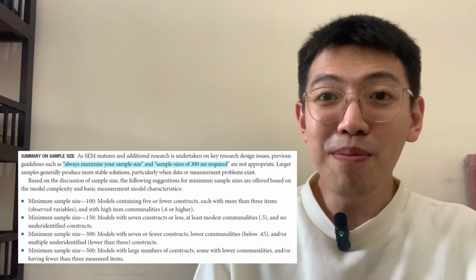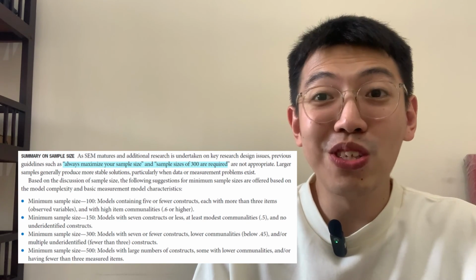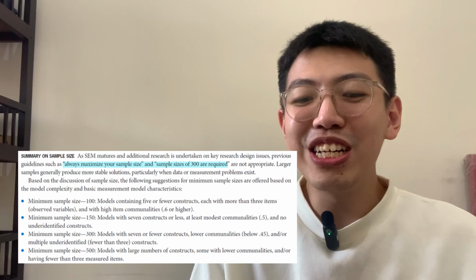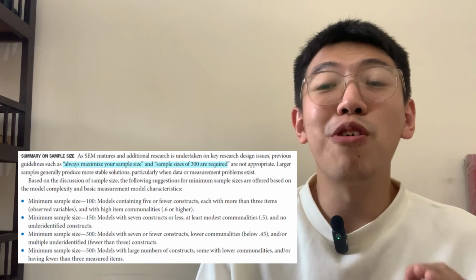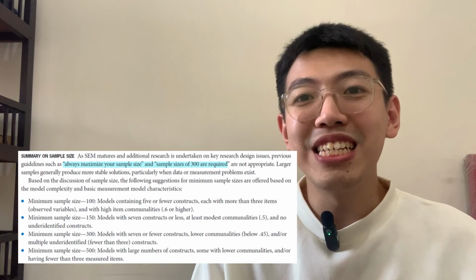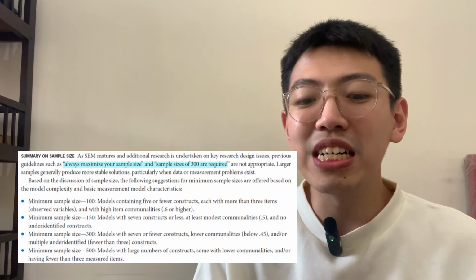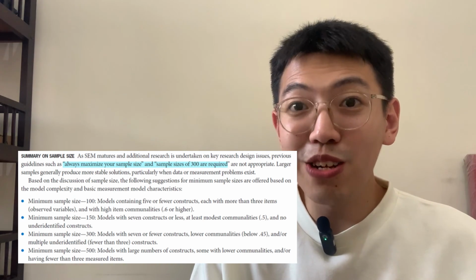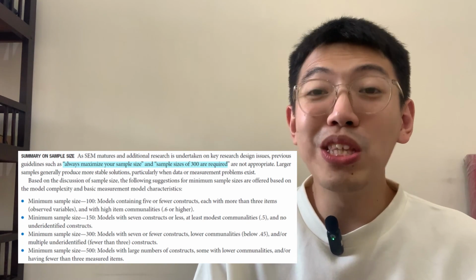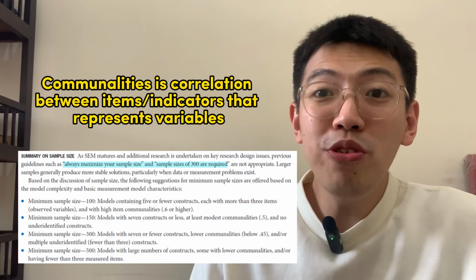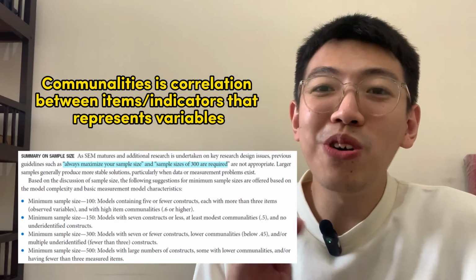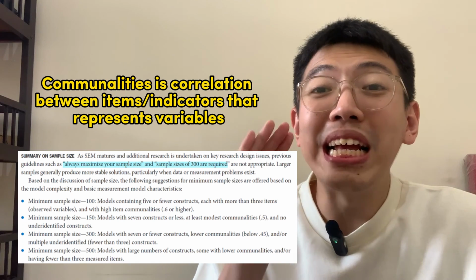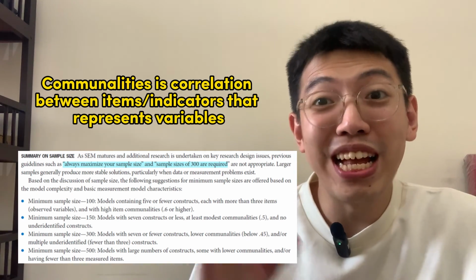These are the summaries made by Hair et al. 2019 regarding the minimum sample size for covariance-based SEM, such as the number of constructs, the number of indicators or items, and also the communalities. Communalities represent the correlation between items or indicators that represent a variable.